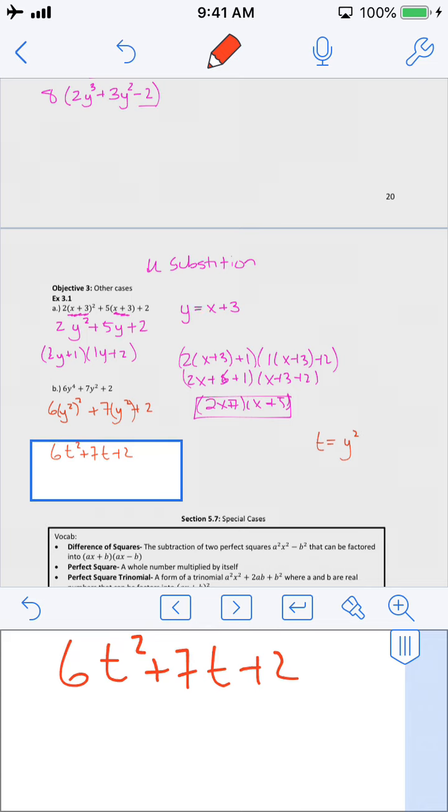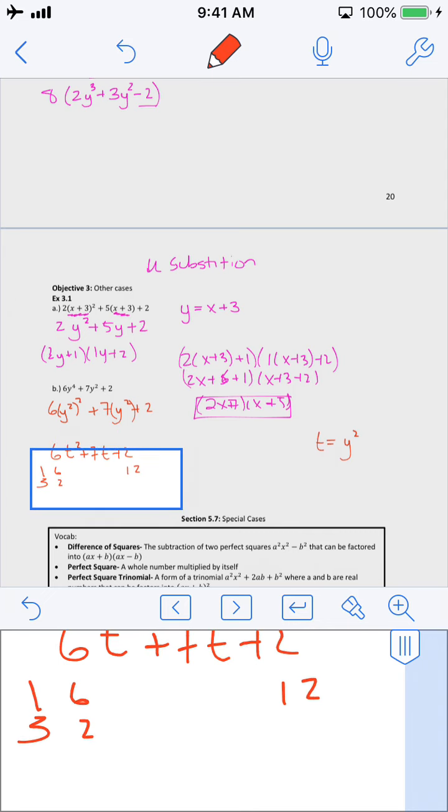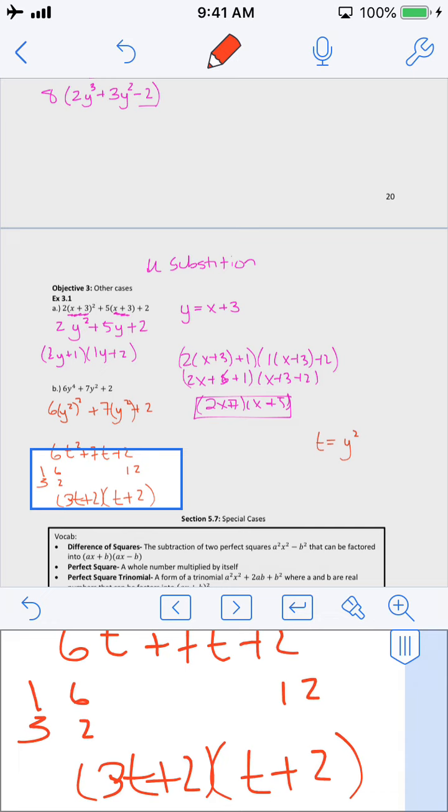Here, that would be 1 and 6, 3 and 2. That would be 1 and 2. And so when I factor that, 3 and 4. That would be, nope, just kidding. 4 and 3, yep.